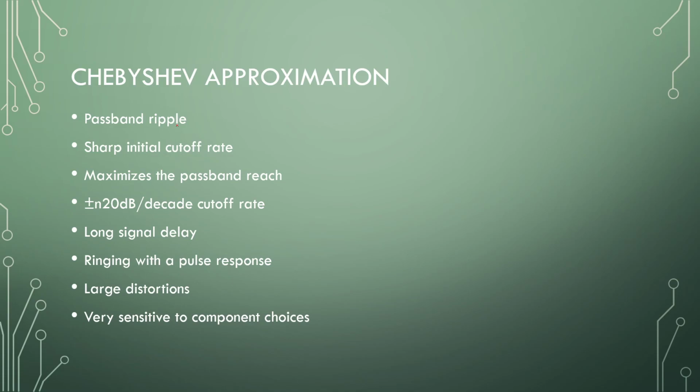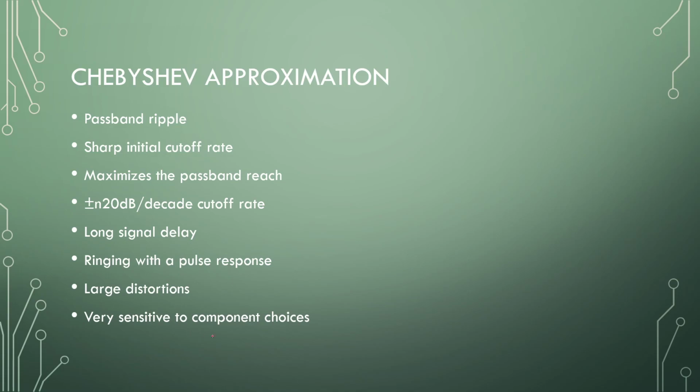Okay, so if you're not bothered about the ripples and you just want the frequency band to immediately stop, the Chebyshev is a good filter to use. But we will have ringing and large distortions and delays, and the Chebyshev is extremely sensitive to component choices. Each and every component will be different in a Chebyshev.